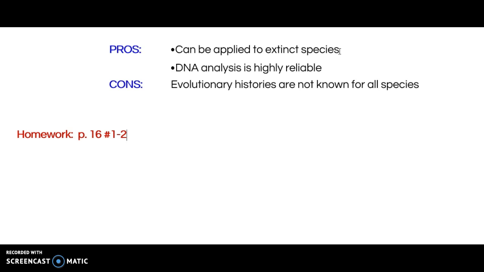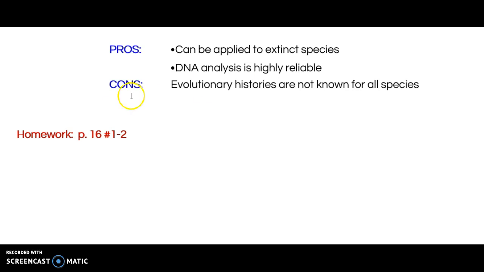But certainly we know that if we can look at its DNA, if we're able to determine its DNA sequence, that we can classify it based on its relationship to other organisms simply by that DNA sequence. So DNA analysis we know is super reliable, and so it's an excellent way of knowing the relationship between those extinct species and also living species, and how they are related to each other.